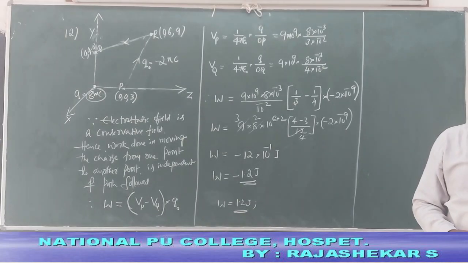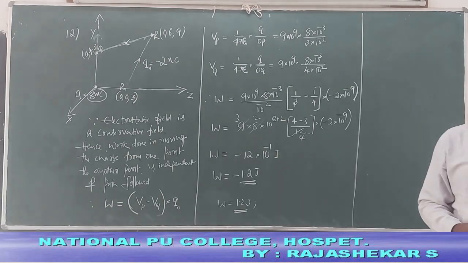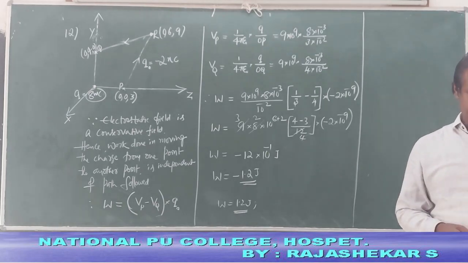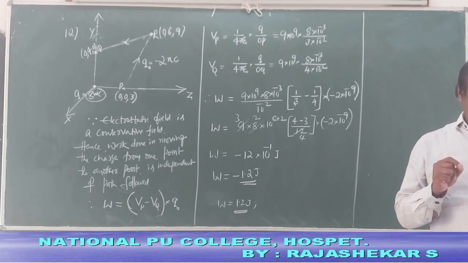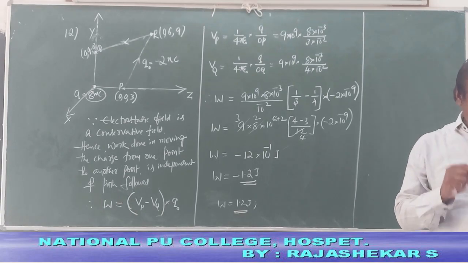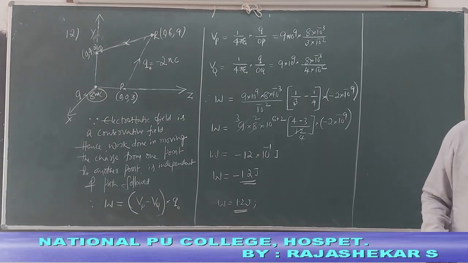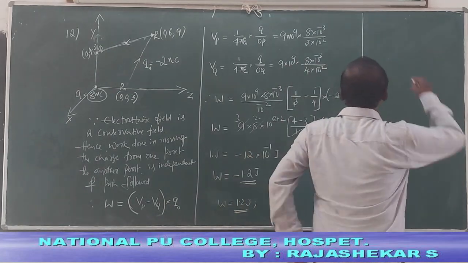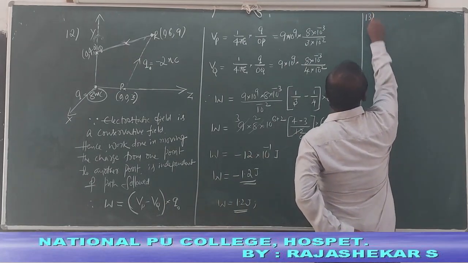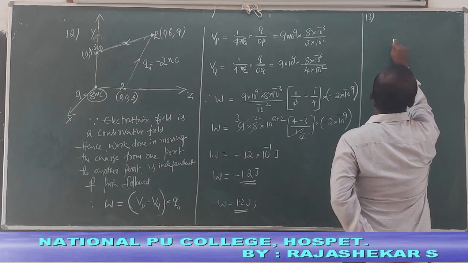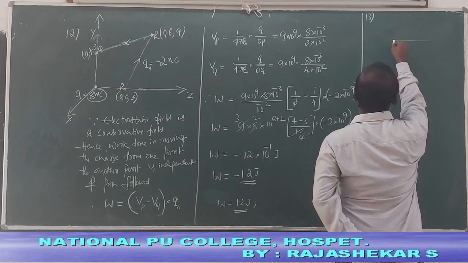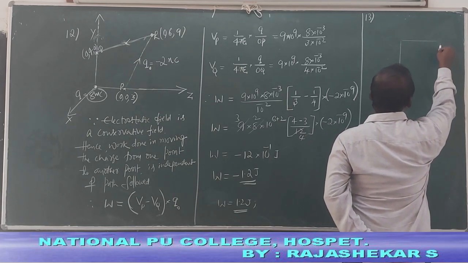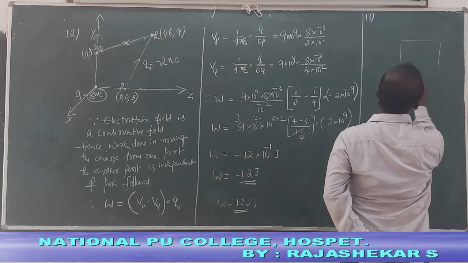If I refer now to question number 13, students, a cube of side B has a charge Q at each of its vertices. Determine the potential and electric field due to this charge array at the center of the cube. A cube, let us consider the cube for question number 13. Here I draw earlier.